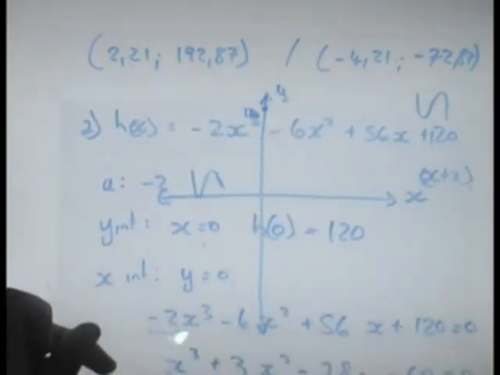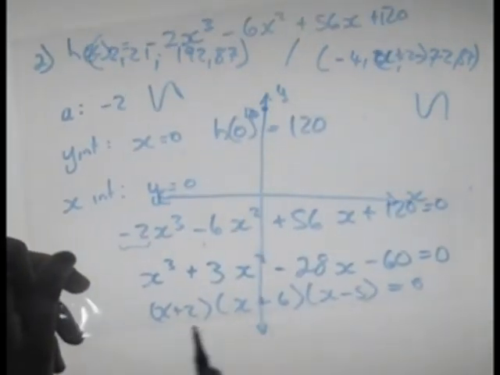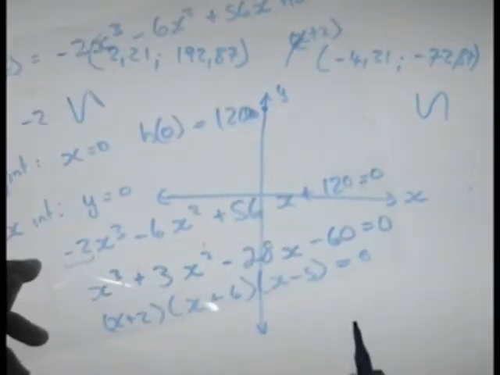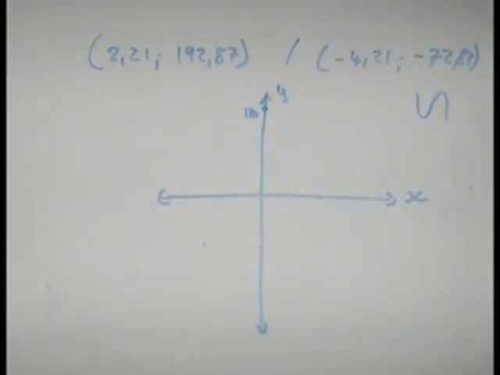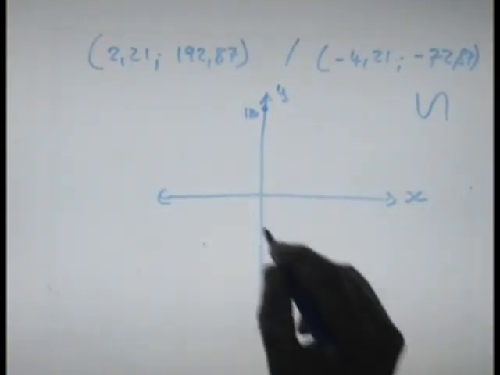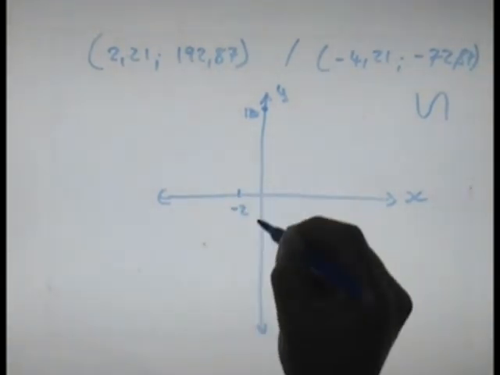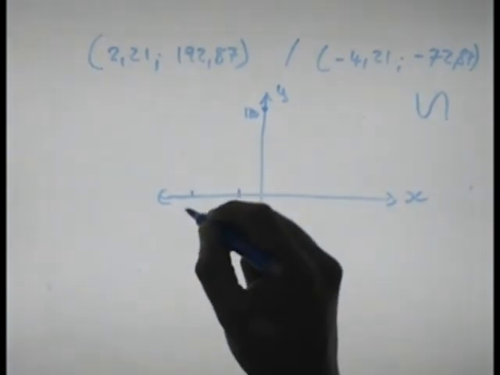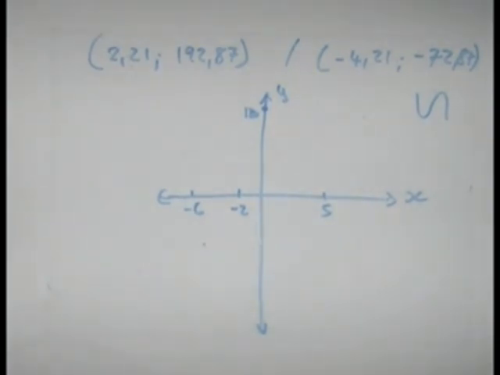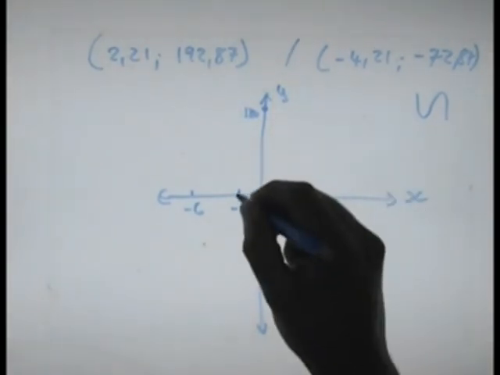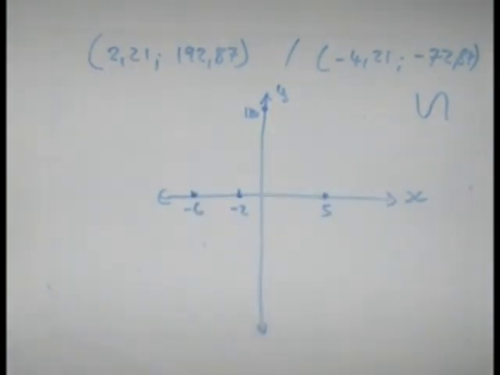That's fine. Our x-intercepts when y is equal to 0 will work out to be -2, -6, and +5. I am not drawing my graph accurately. Please keep that in mind as well.